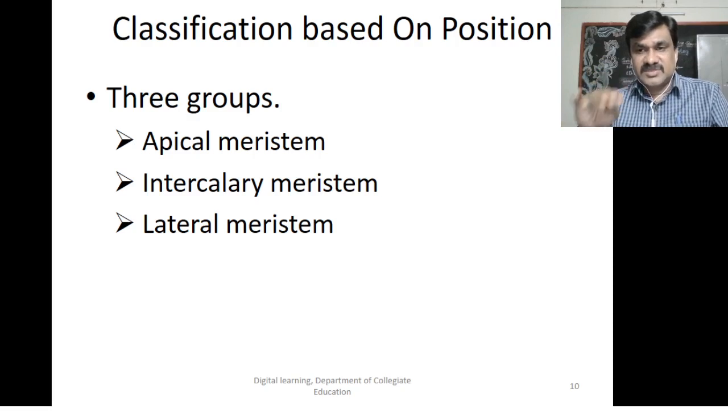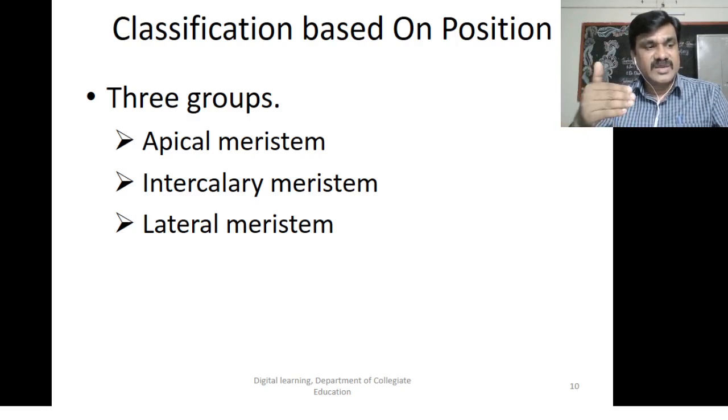So the meristem present at the shoot tip is called shoot apical meristem. The meristem present at the root tip is called root apical meristem. And also the meristems located at the branches of root and stem are what we call apical meristems. Apical meristems are composed of a number of initial cells, called apical cells or apical initials.